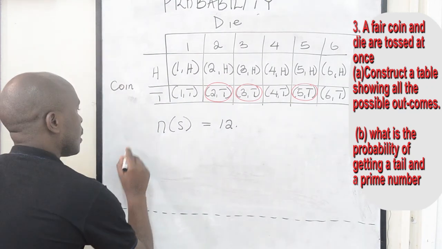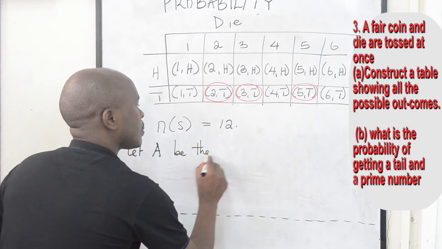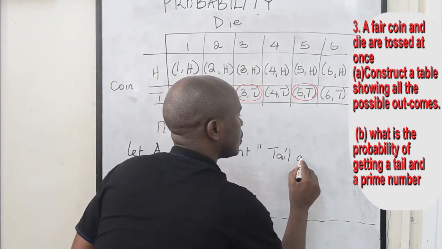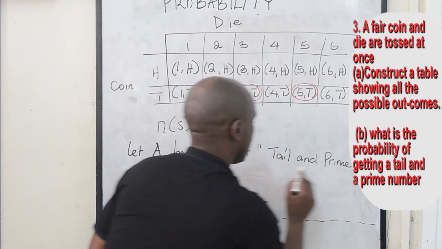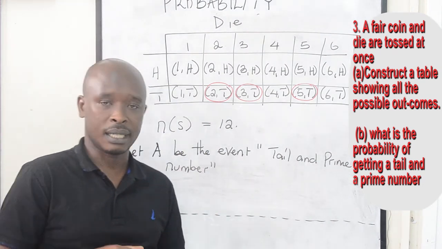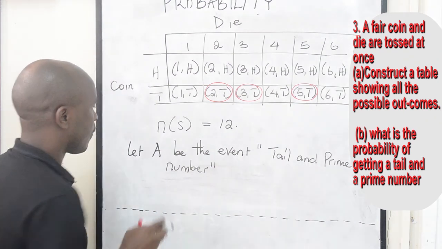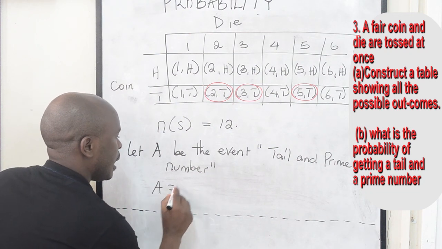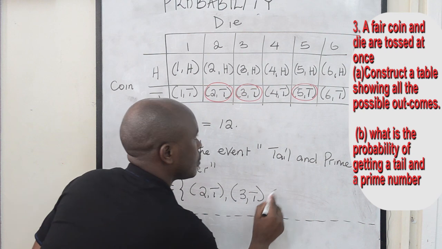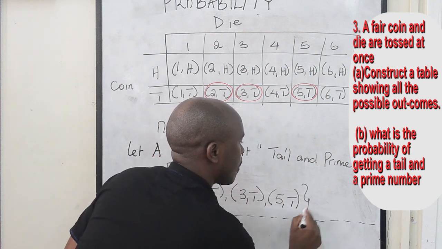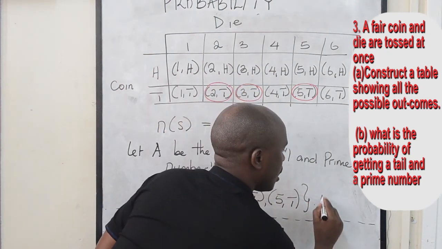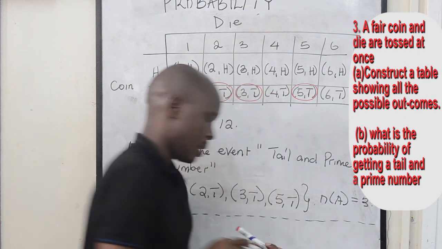So if you let A represent the event of getting a tail and a prime number, then the elements in A are 2T, 3T, and 5T. And in total, there are 1, 2, 3. So the number of events in A is 3.